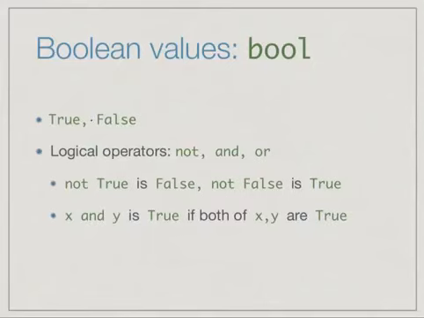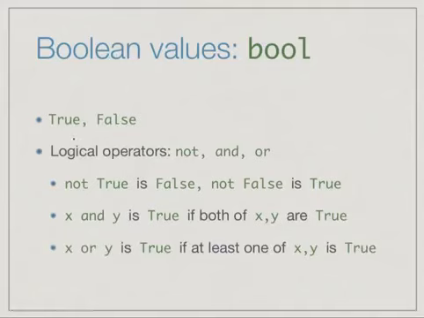And follows the usual English meaning of and. When we say that something is true and something else is true, we mean that exactly both of them are true. So x and y, two values of Boolean type, the expression x and y will be true provided at the moment x has a value true and y also has a value true. If either of them is not true, then the output x and y is false.